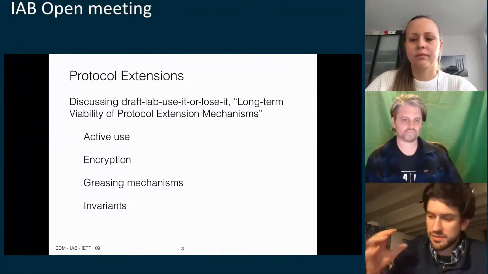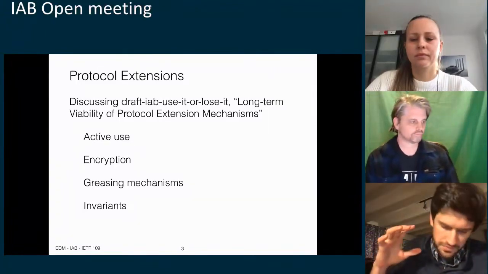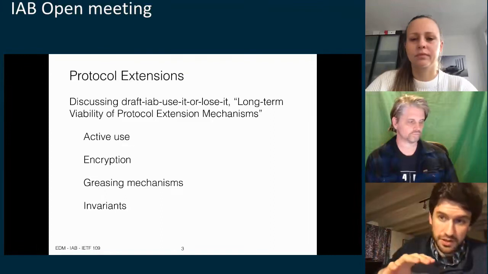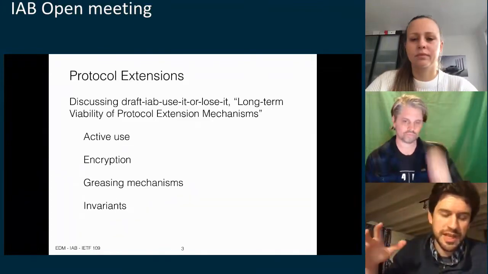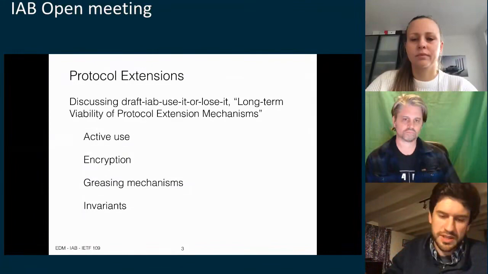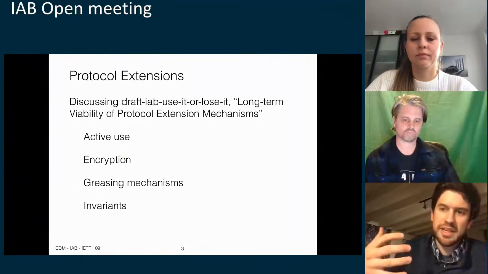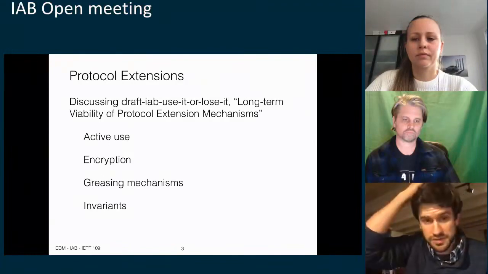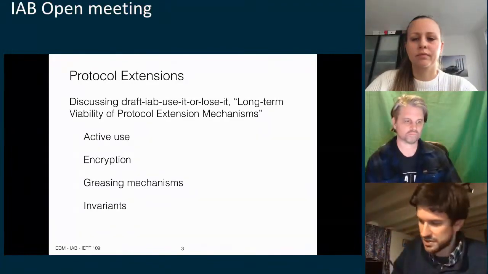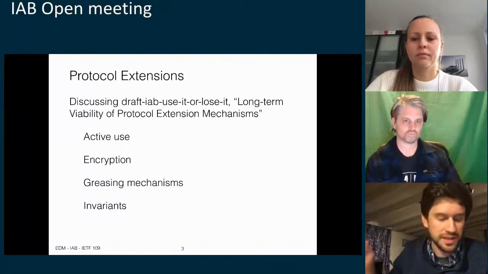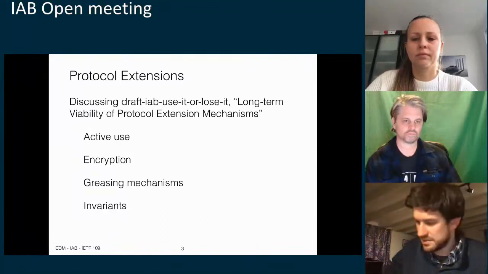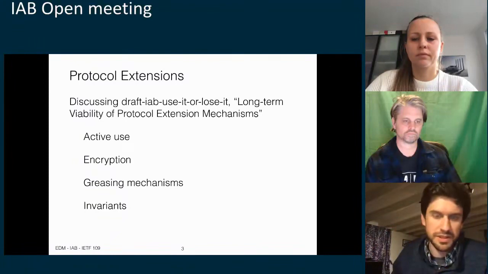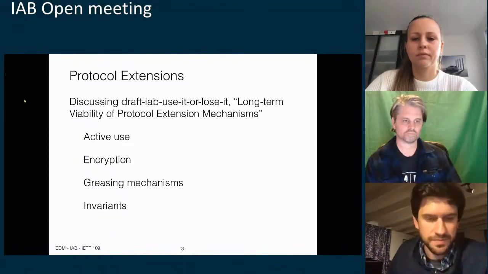I think there's an interesting conversation about, as we're designing new protocols or new protocol versions, what it means to put something like greasing or build more active use into the protocol design itself rather than tacking it on later. So that's going to be an interesting discussion, and if you want to participate in that, please join the list, and you'll get the coordinates for that meeting. Next slide, please.